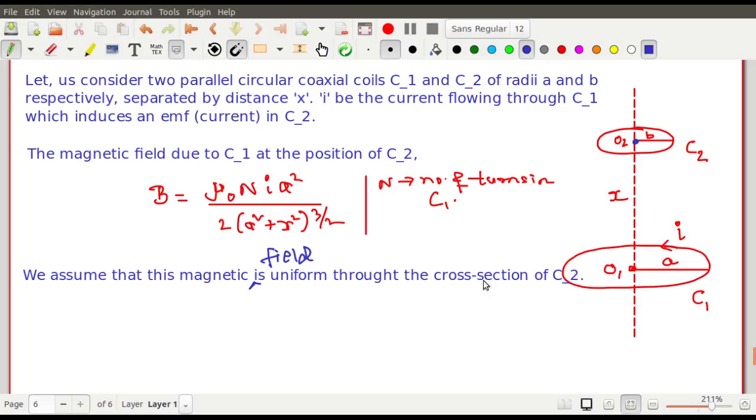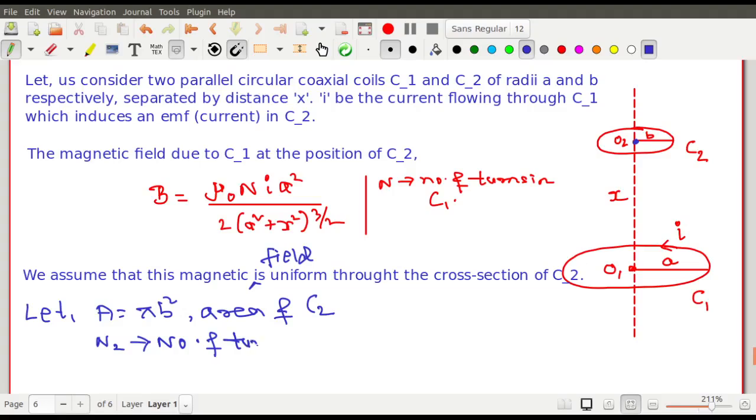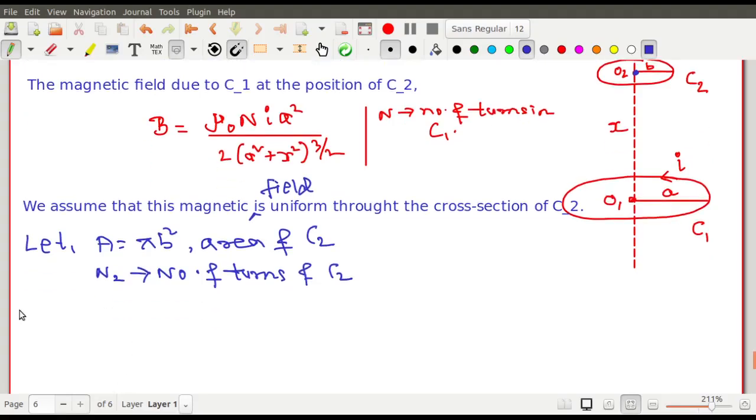Right. Now let capital A equal pi b square, the area of C2, and capital N2 the number of turns of C2. Therefore, the flux linked with C2 will be how much? What is the flux linked with C2 due to the current in C1?